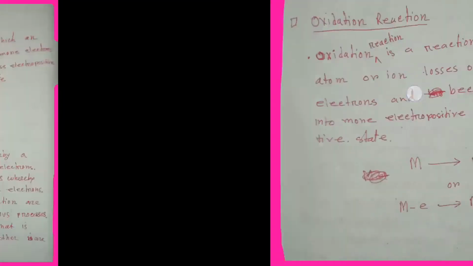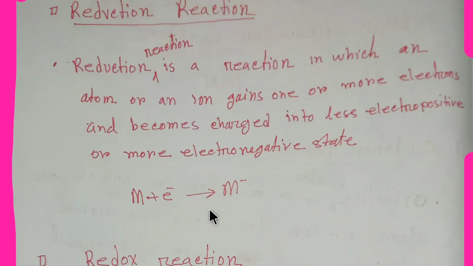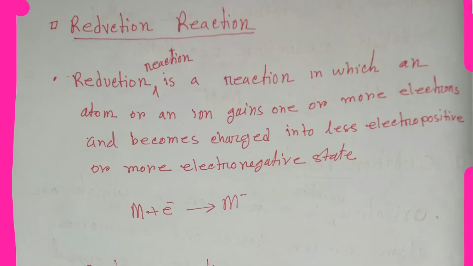Well, what is a reduction reaction? This is very similar to reduction. A reduction reaction is a reaction in which an atom or an ion gains one or more electrons and becomes charged into a less electropositive or more electronegative state. You see that the oxidation state of M here is 0, but if you add 1 electron then the oxidation state of M is -1.